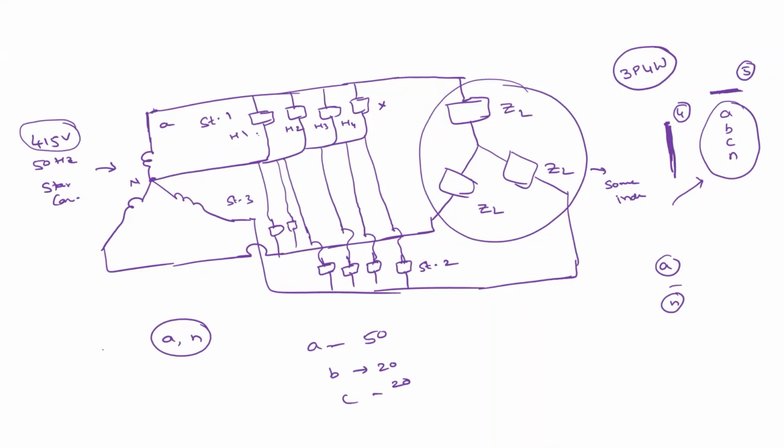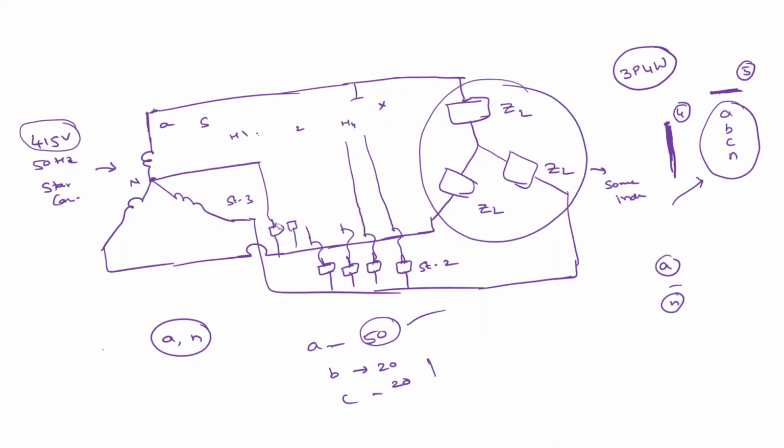More load is connected to the A phase, so obviously it is overloading. Assuming the loads connected to all homes are identical, A phase is drawing more current compared to the B phase and C phase.